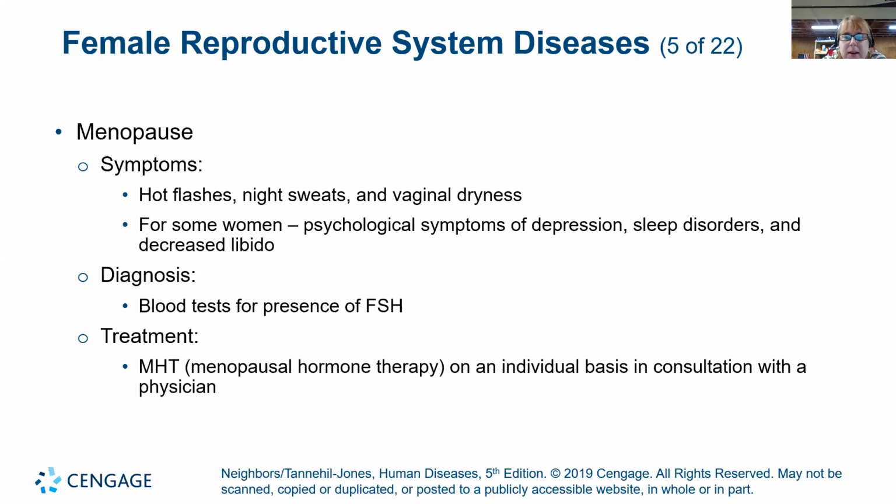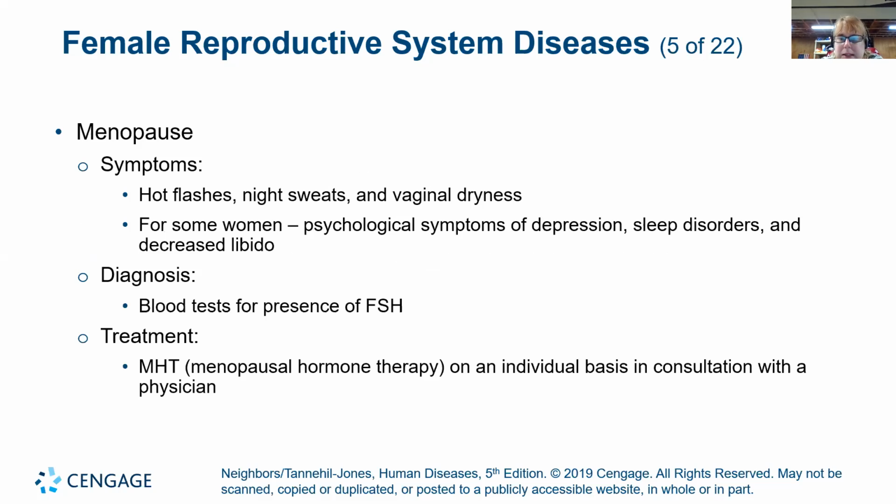The symptoms vary. It can be hot flashes, night sweats, vaginal dryness, and for some women, it can be very, very, very depressing because they just weren't ready to go through it, or especially if you have to have it done, or if you have surgery and it's done earlier. You'll see a lot of women who are depressed.